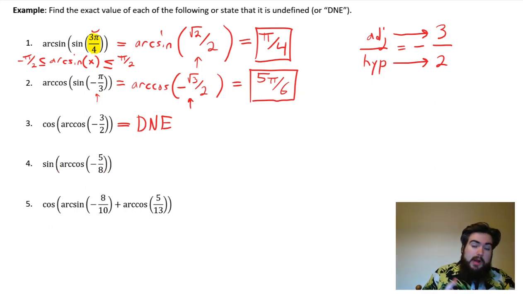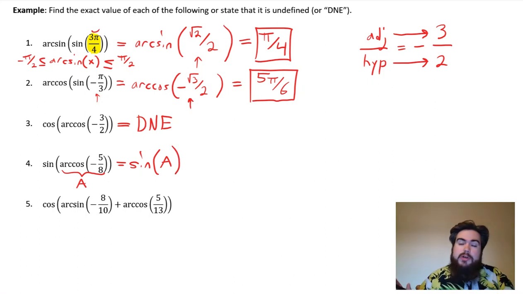Instead, what I'm going to do is, for the time being, call that inside A for now. It is A for some angle measure that I don't know the value of. However, like other examples we've seen in this class, I don't need to know the value of it, I just need to know where it is. And I have arc cosine of a negative ratio.